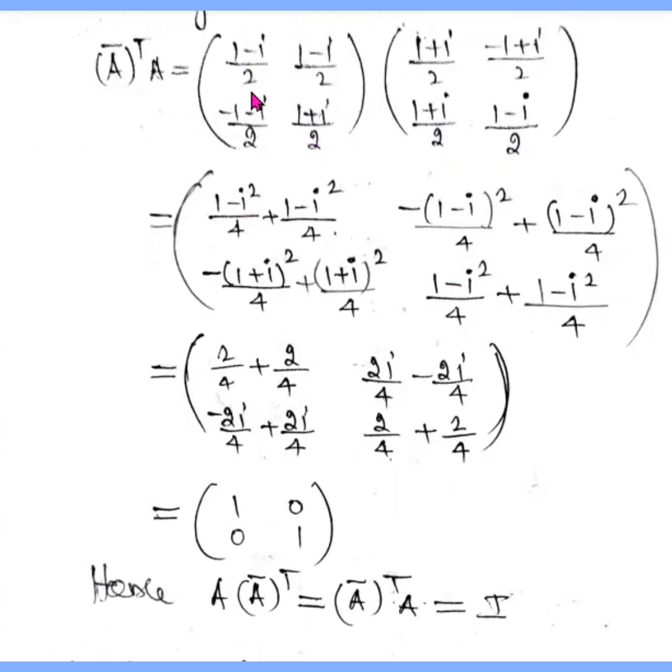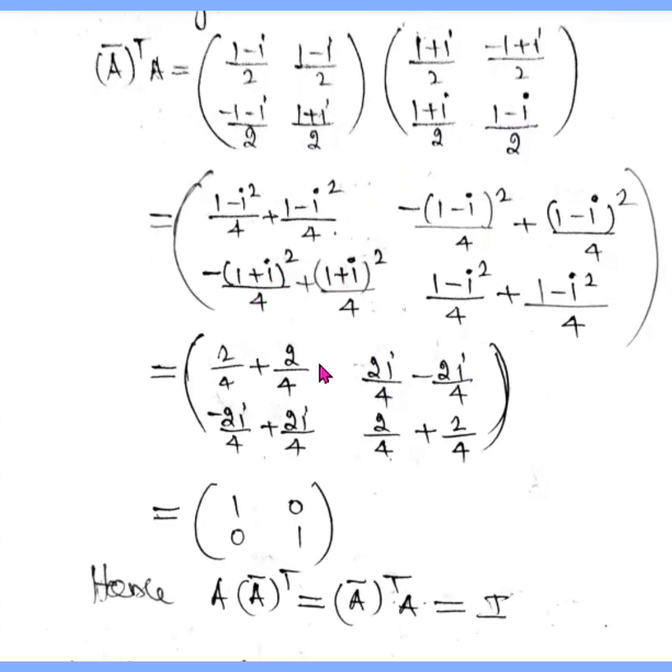Second row with the first column: minus of (1 plus i) whole square divided by 4 plus (1 plus i) whole square divided by 4. Second row, second column: (1 minus i) square by 4 plus (1 minus i) square by 4.